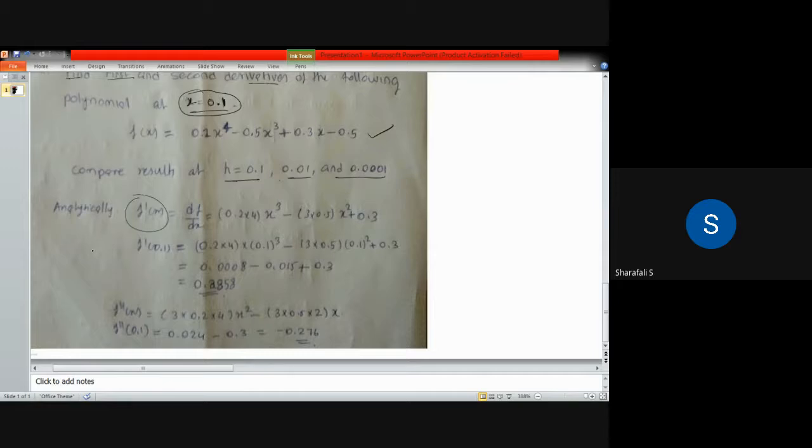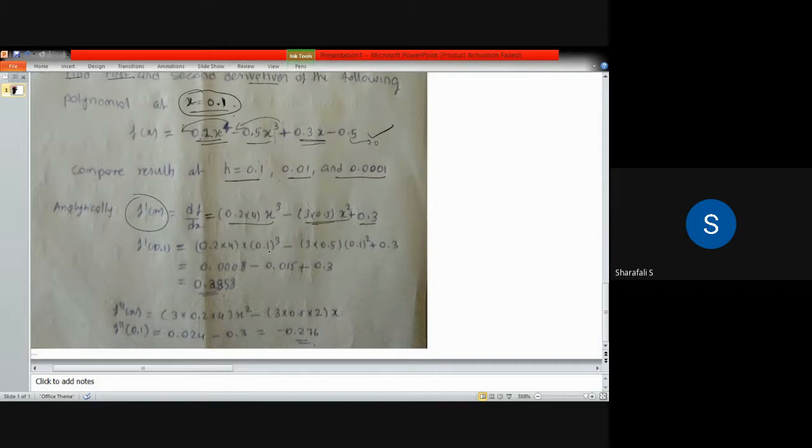So first you have to calculate f dash of x. F dash of x will be df by dx, which you get by differentiating this polynomial with respect to x, so the 4 will come here, 4 times 0.2 times x cube. That is the first term. Then differentiate the second term, 0.5 x cube: the 3 will come here, and 3 times 0.5 times x square will come. That is the second term. Then this term, if you differentiate, will give you 0.3, and this term will become 0.